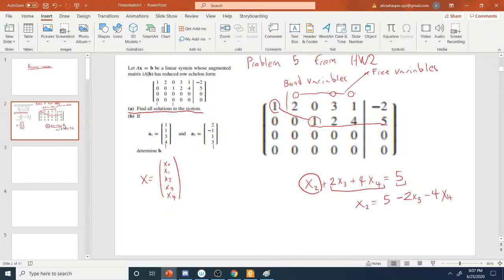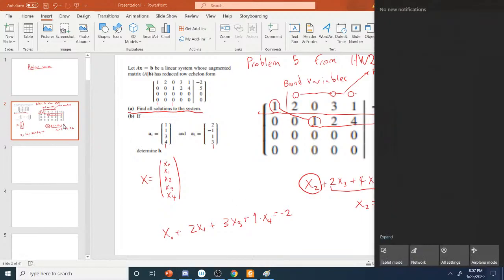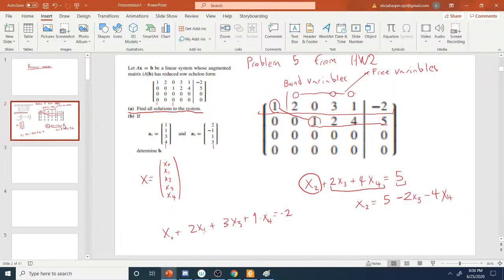And likewise, we can take the first line of this matrix, and we can write down the corresponding linear equation, which is x0 plus 2x1 plus 3x3 plus 1 times x4 equals -2. And we can express x0 here, the bound variable, in terms of the free variables x1, x3, x4.